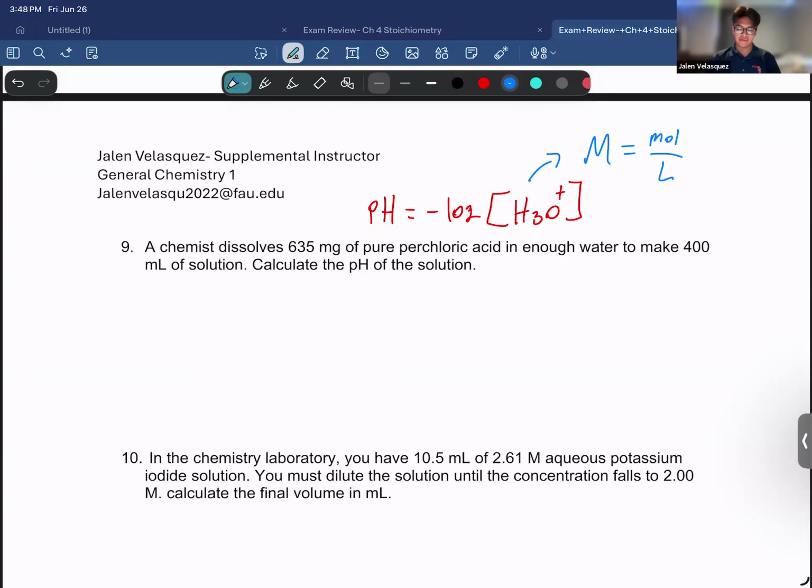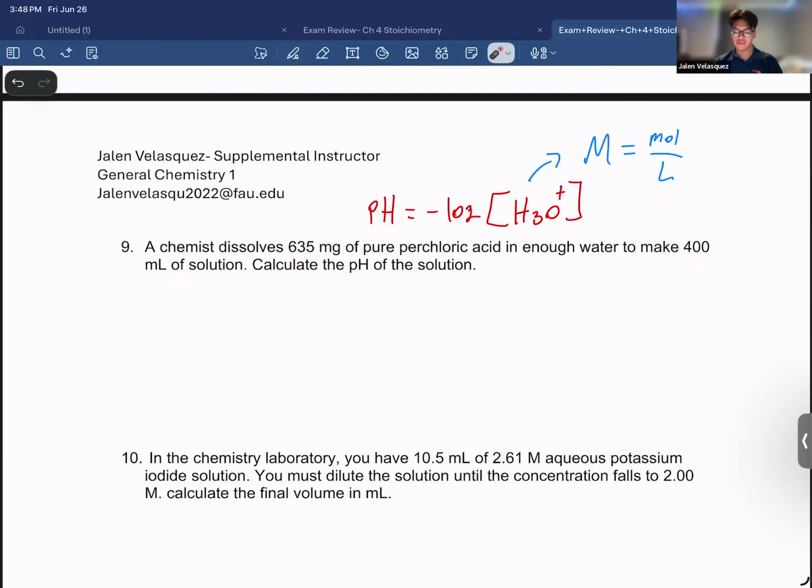So what we have to do from the information provided: we have mass, we have a volume, 400 milliliters. We have to figure out the molarity of the hydronium, and then we can figure out the pH. So again, for molarity, M is equal to moles divided by the liters.